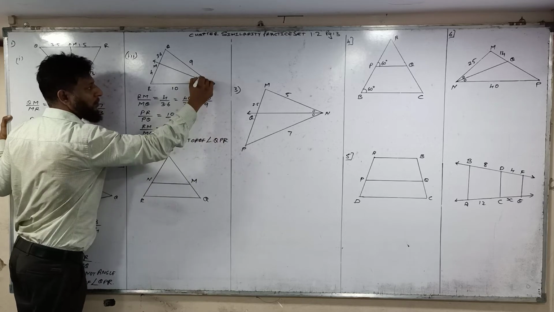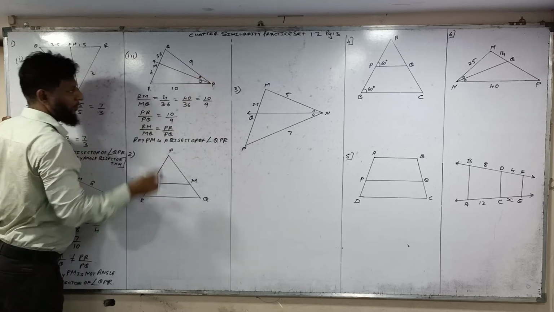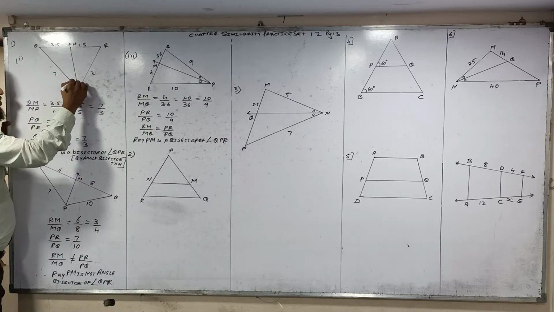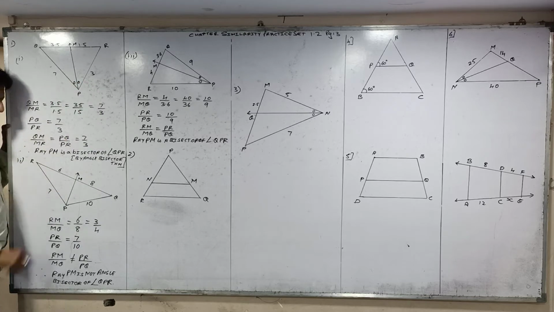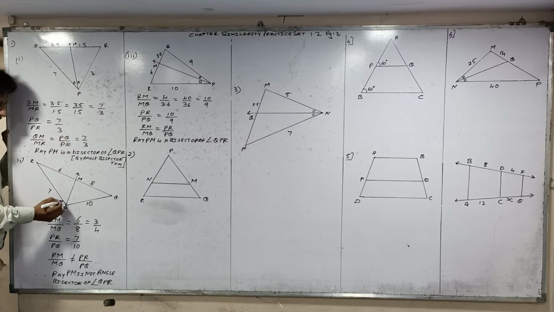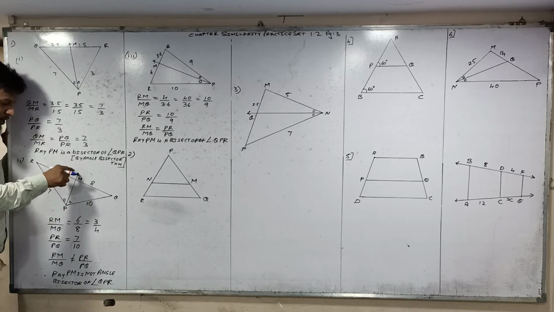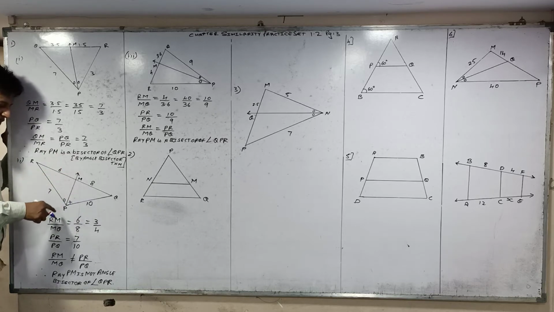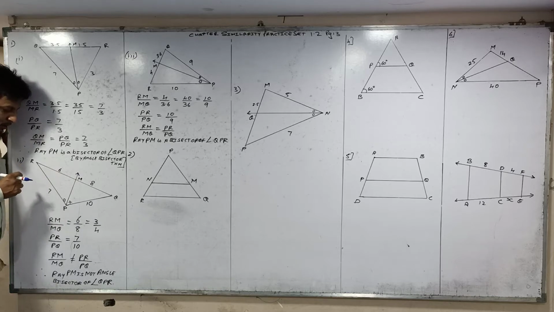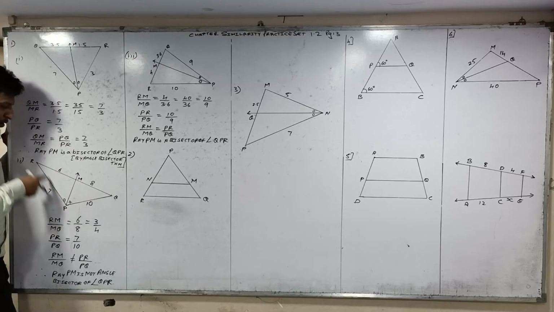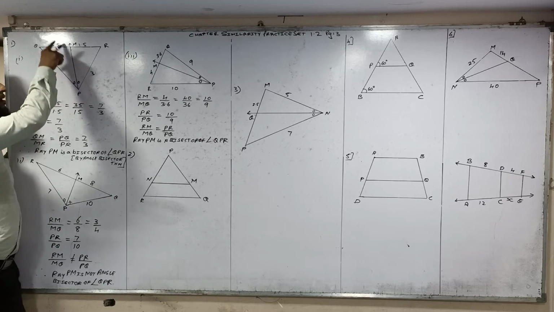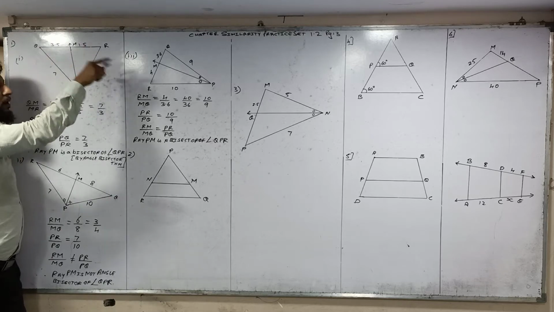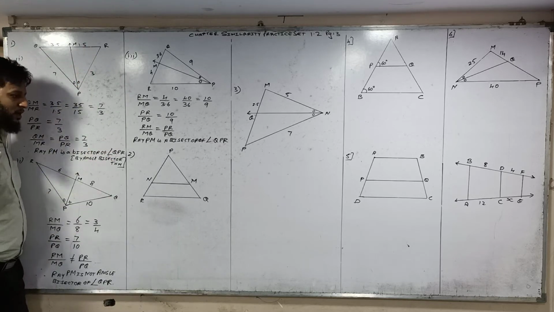This is a bisector, this is also a bisector, and this is not a bisector, because the angle values are not the same. This one is not an angle bisector of angle QPR. And this ray is a bisector of angle QPR in this one also, because their proportions are equal.